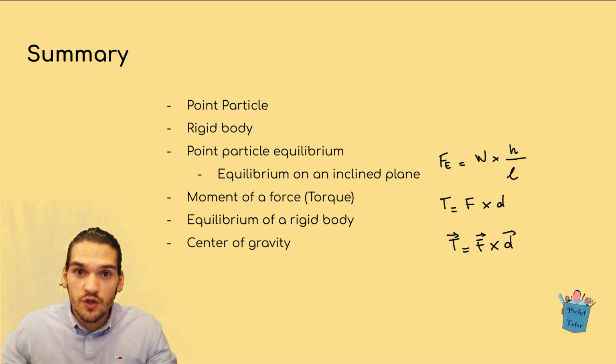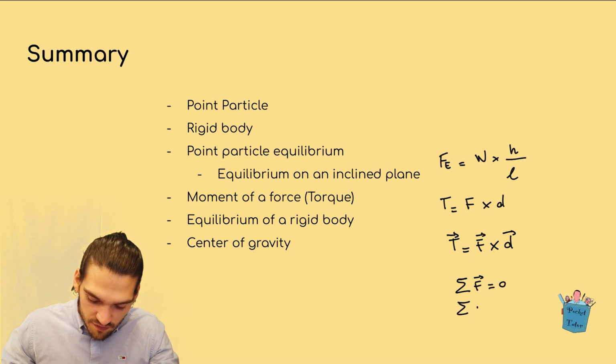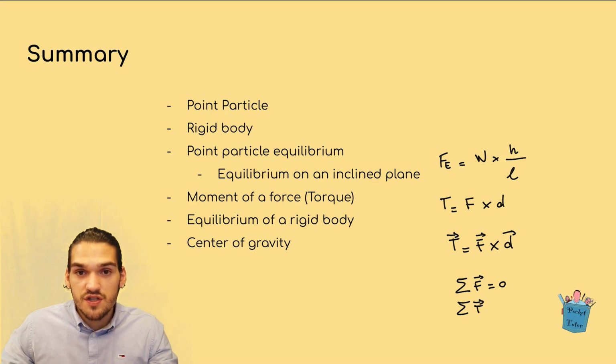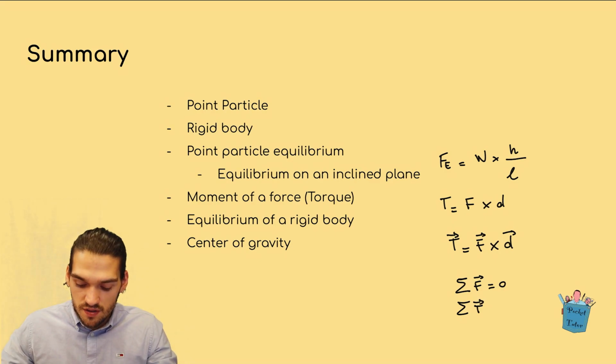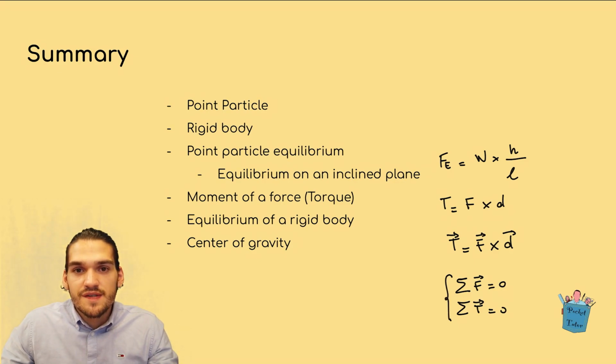We've then seen the equilibrium of a rigid body, which requires that the sum of all the forces acting on the body is equal to 0, and at the same time that the sum of all the torques considered with respect to any point is equal to 0. And eventually we've seen the concept of the center of gravity, that is the point of application of the weight of a body. And that's it for today.